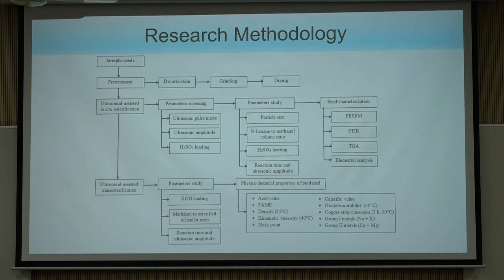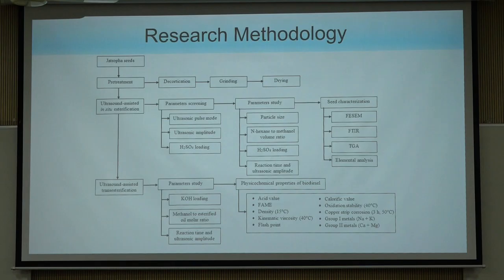So these are the methodologies that we designed. First is the pre-treatment process. Jatropha seed or jatropha oil is relatively clean compared to other types of oil. For example, compared to calophyllum, we need to do a lot of pre-treatment, for example degumming and purification.